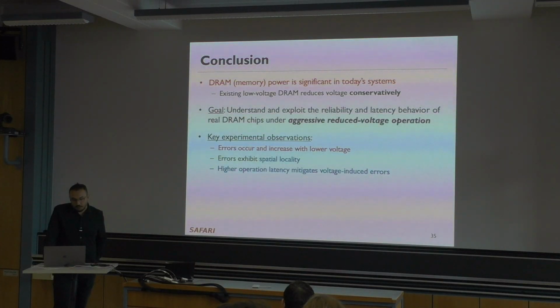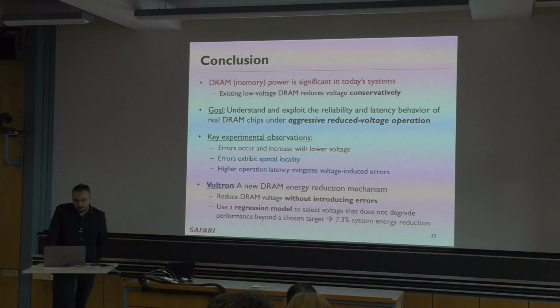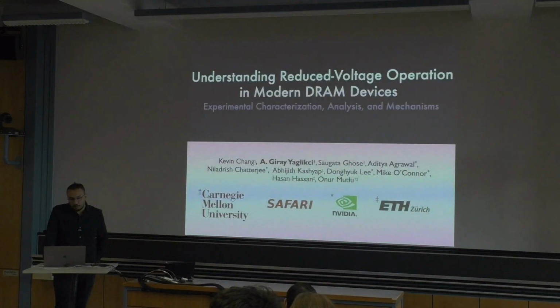We did some experiments with real DRAM devices that show us that errors occur with lower voltage, and they have some spatial locality, but we can get rid of them by increasing the latency. And we propose Voltron, a mechanism that uses a regression model and the characteristics of these applications and the DRAM devices, and gives you a system energy reduction. And this is the end of the paper.